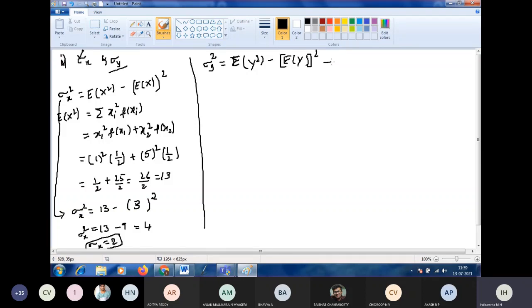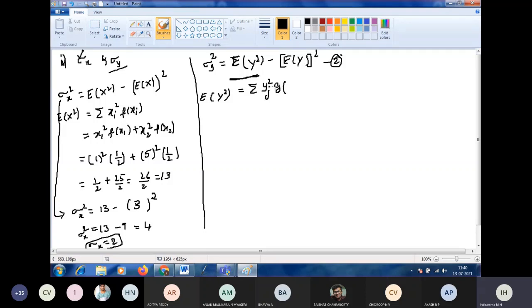Now, you call this equation 2. You find expectation of y square separately. Expectation of y square is summation of yj square into g of yj. For y you take j, for x you take i.